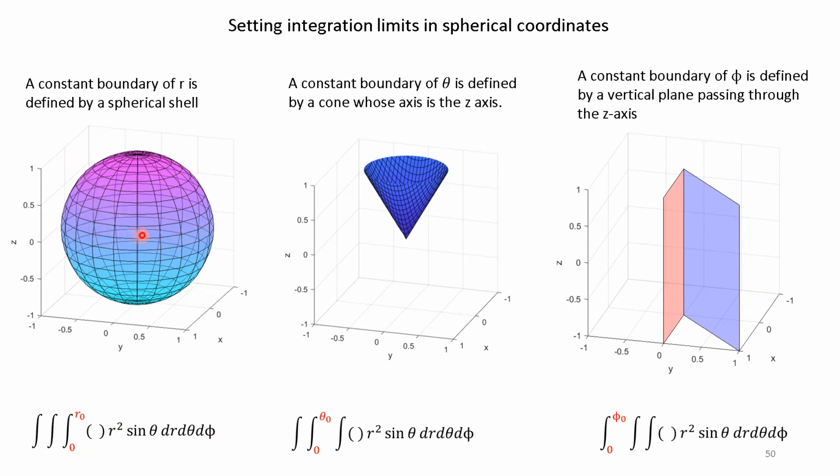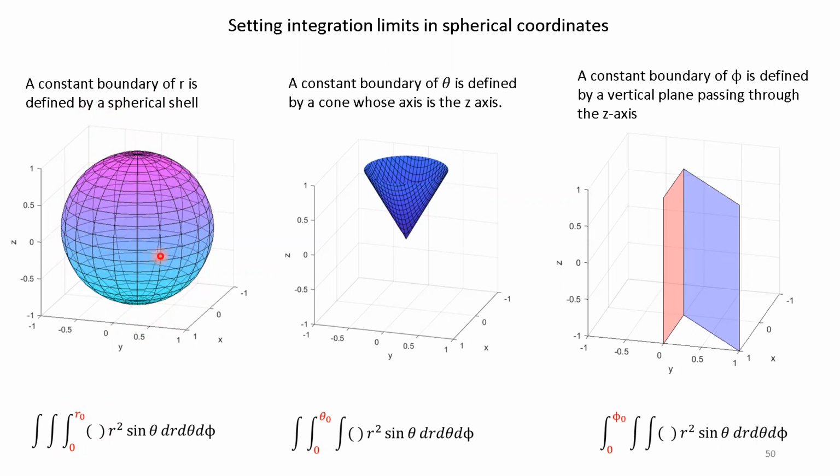As long as the distance between the origin and your point is r naught, that's okay. So a constant boundary of r, which I call r naught, is basically defined by a spherical shell. You can be at any point on this shell. Any point on this shell satisfies this. So a constant boundary of r is defined by a spherical shell.